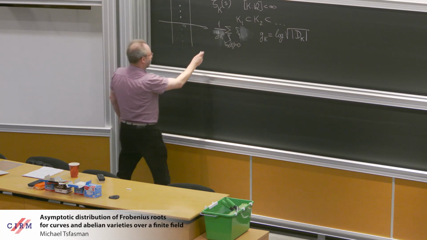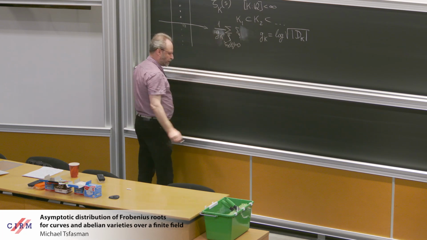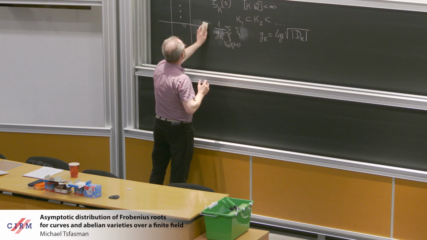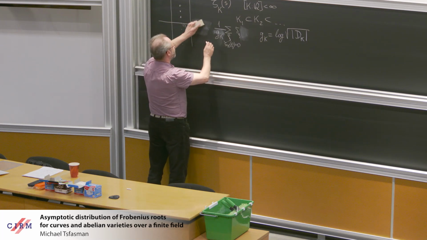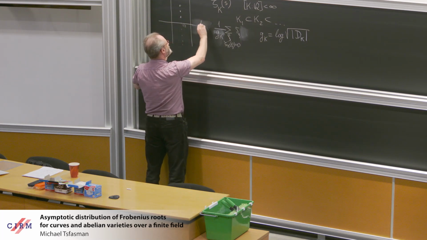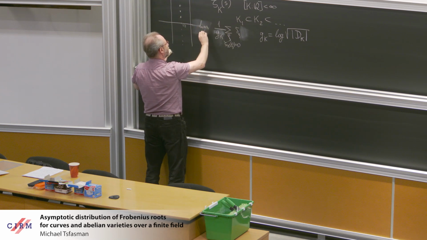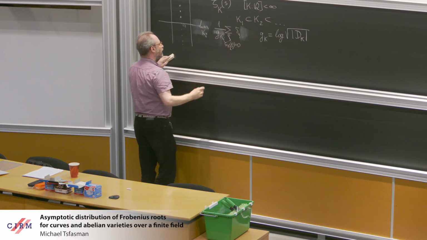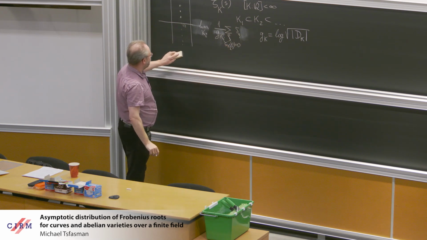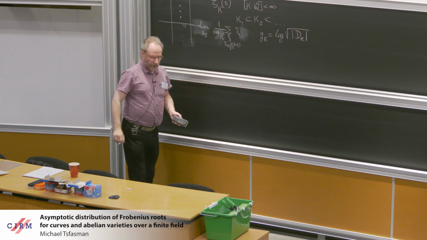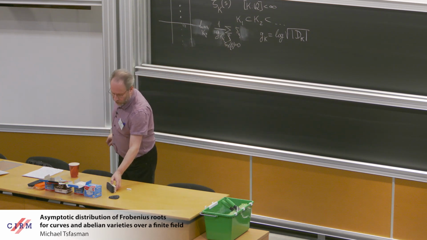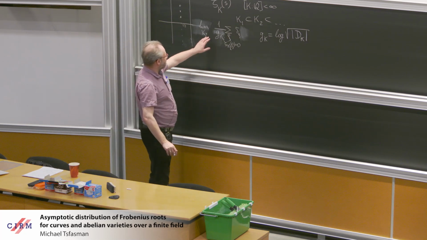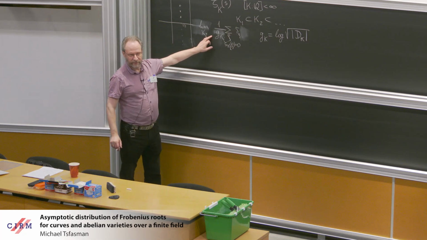Now, I tend this thing to infinity, and I take the limit over k_i, so I put i everywhere, of this measure. And something which doesn't look obvious, but which is not very difficult to prove, is that this limit measure exists.